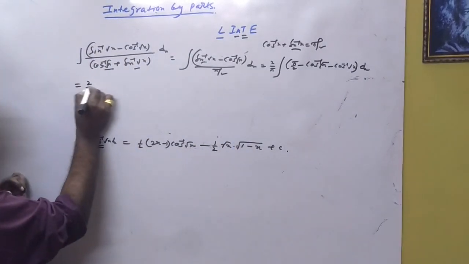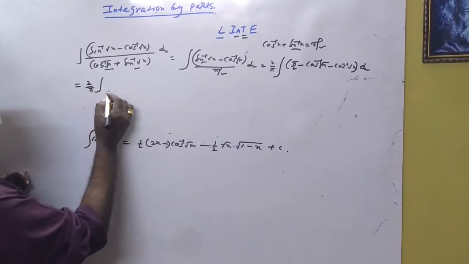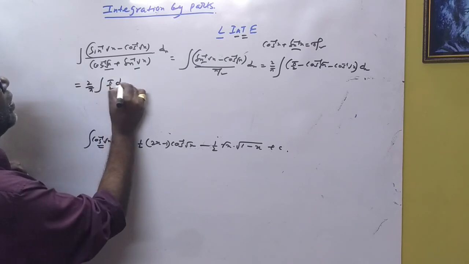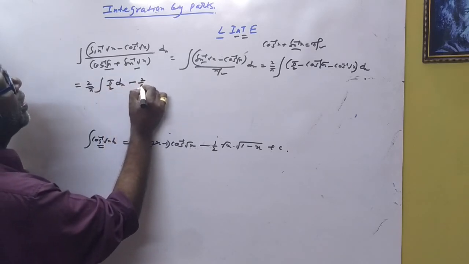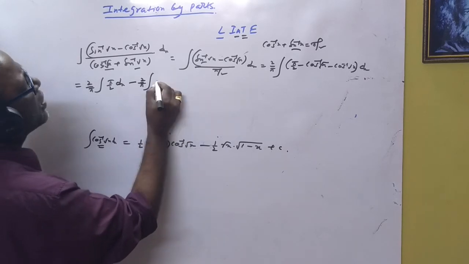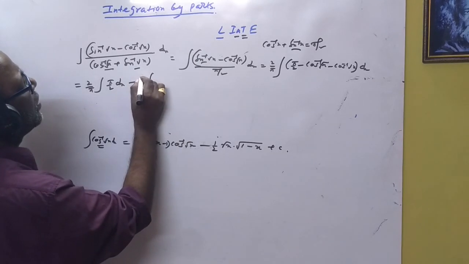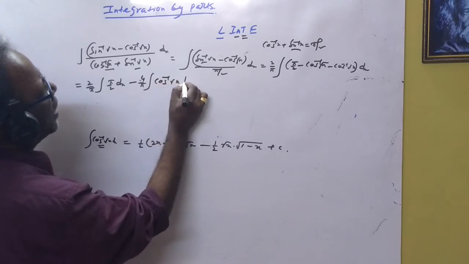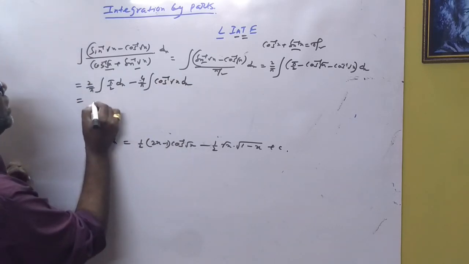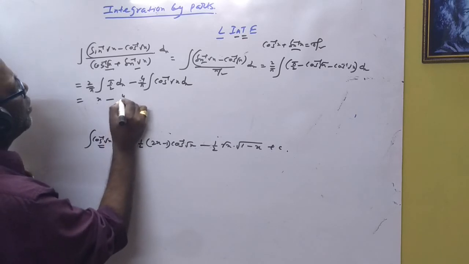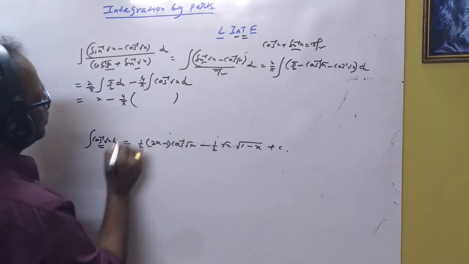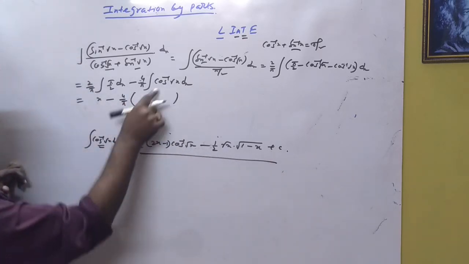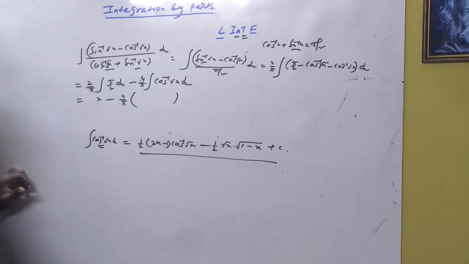So this is 2 by pi, and this is pi by 2 dx, 2 by pi, and use here 2 cos inverse x, that is 4 cos inverse root x dx, and this is 4 by pi. We can use the formation of that, cos inverse root x.